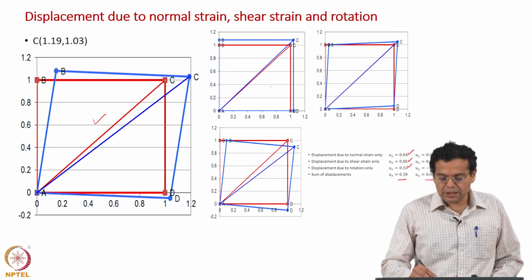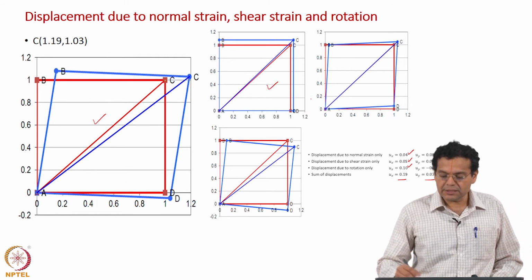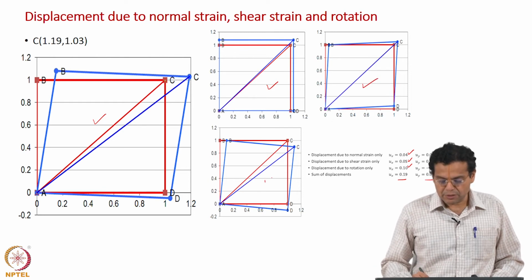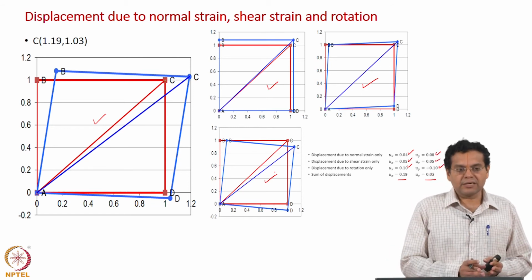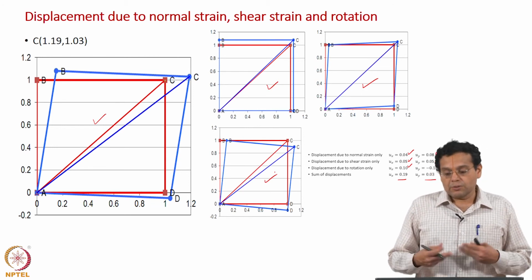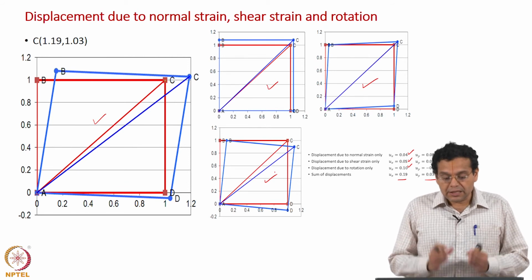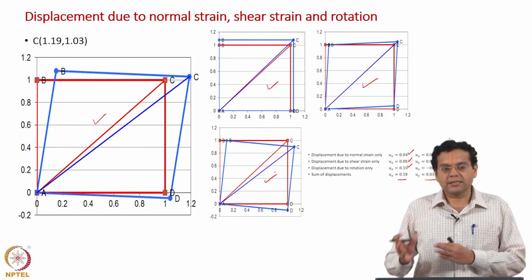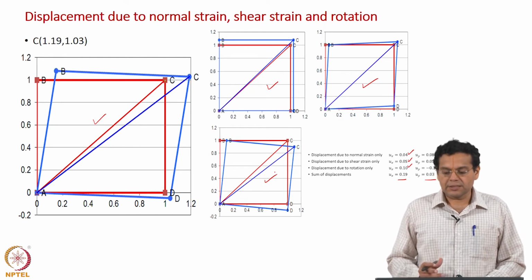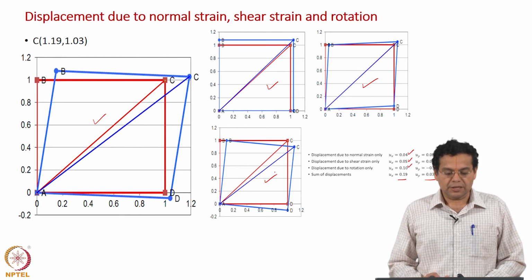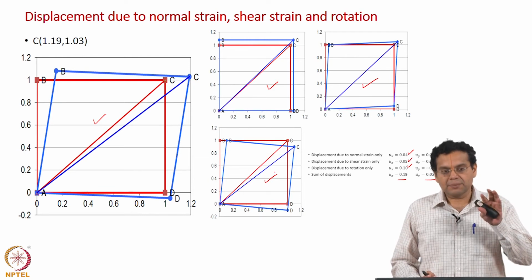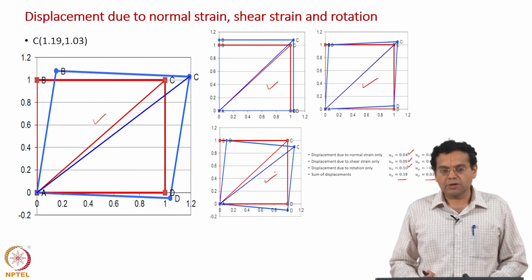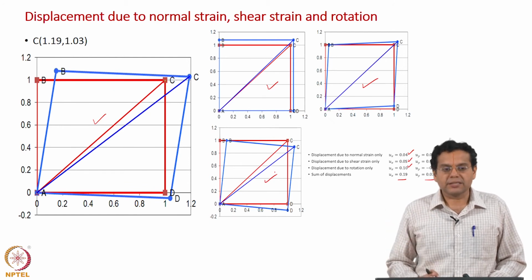Now, these individual figures are considering normal strain only, shear strain only, rotation only. When you sum up all the displacements, once again you get the left hand side figure, but now by decomposing the total displacement, splitting that into components because of normal strain, shear strain and rotation only. So, a good example to visualize what we mean by representing a displacement gradient tensor as the sum of a strain tensor plus a rotation tensor.